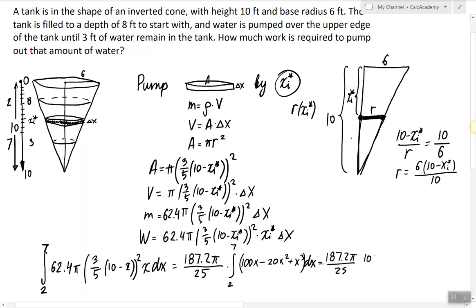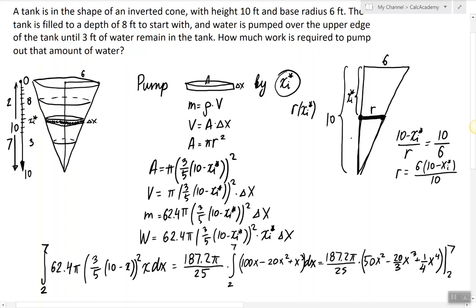So we have 50x squared minus 20/3 x cubed plus 1/4 x to the power 4. And we evaluate this on the interval from 2 to 7.